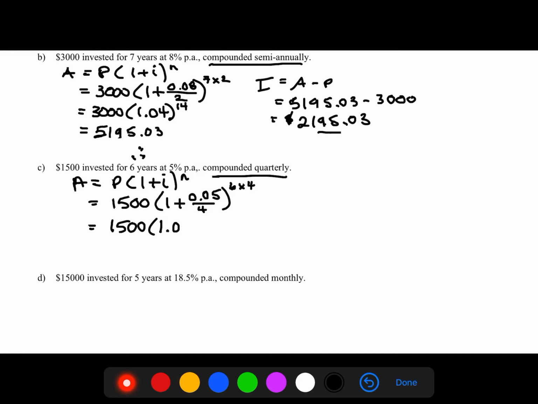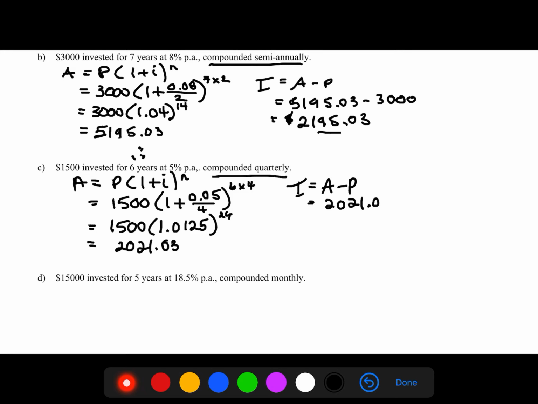So again, simplifying this calculation, we are going to take our 0.05 divided by 4, gives us our 0.0125, and we add to 1, and we're going to have to the power of 24.